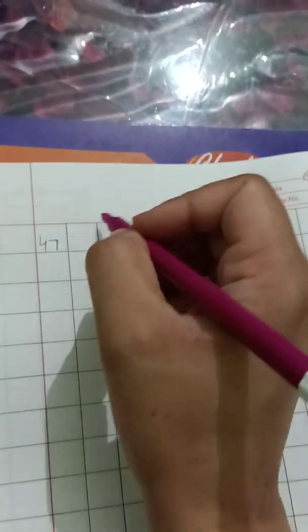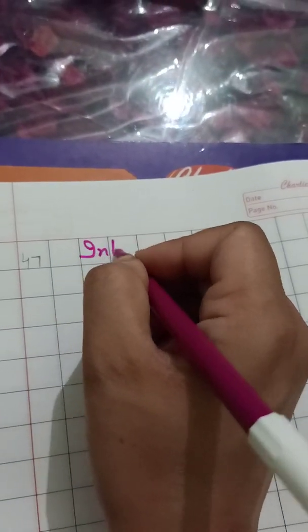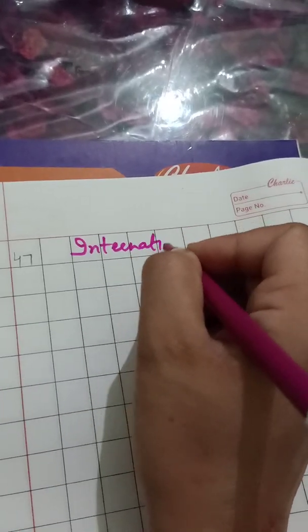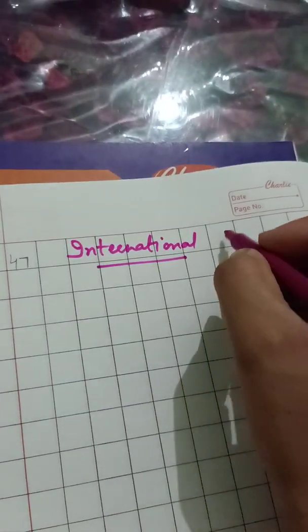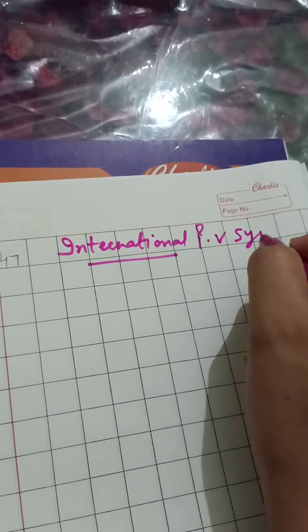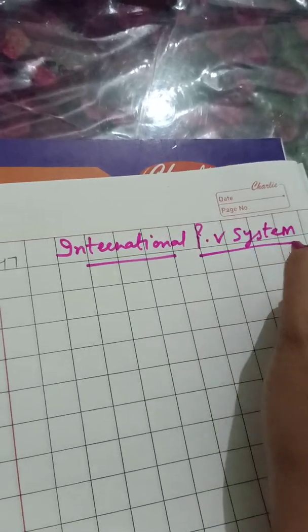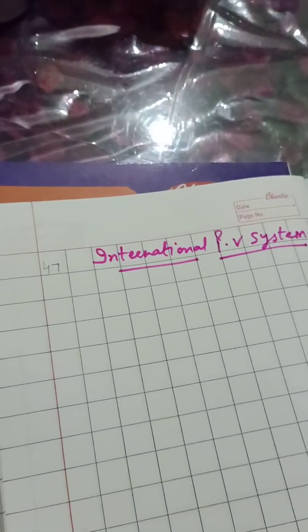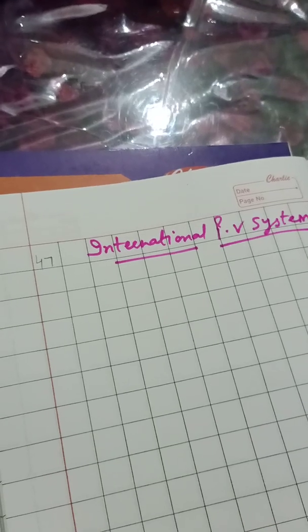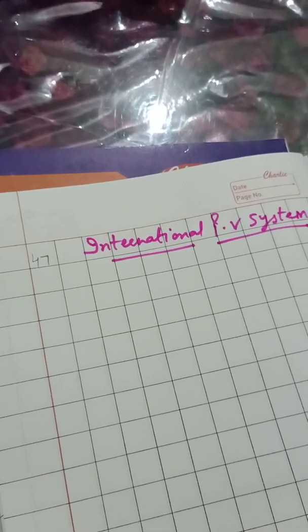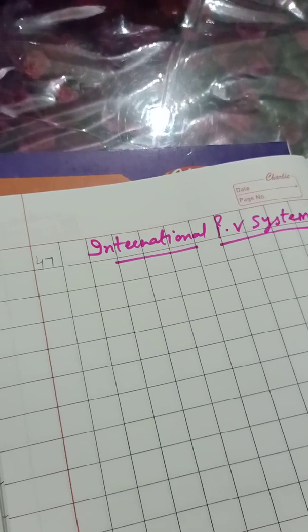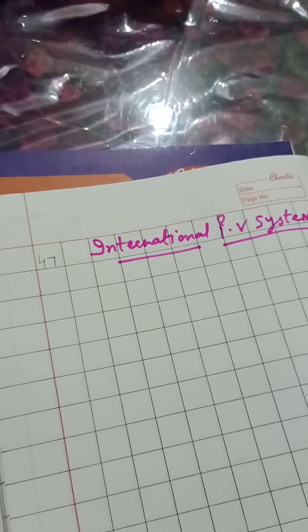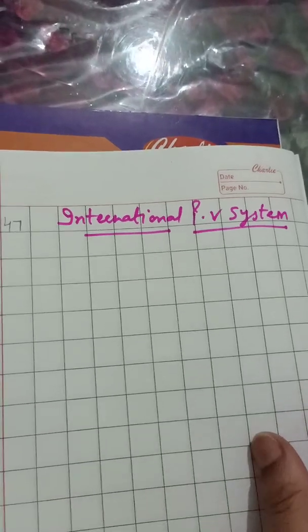Now, what is the other place value system? The international place value system. In the Indian place value system there were 7 parts or 3 parts: ones, thousands or lakhs. But in the international place value system, there are 9 places.